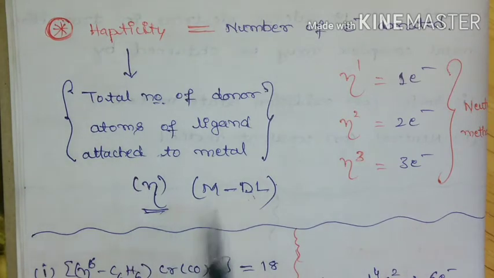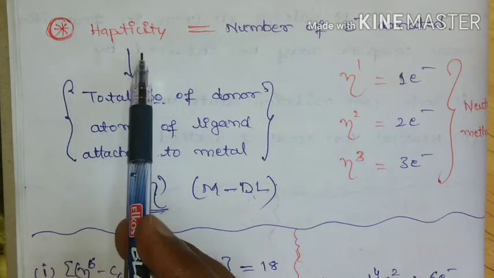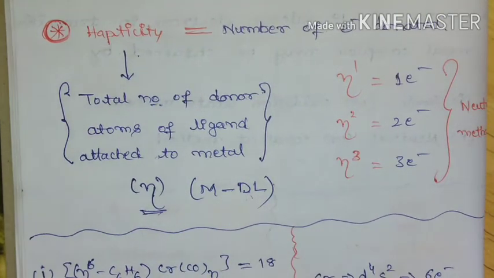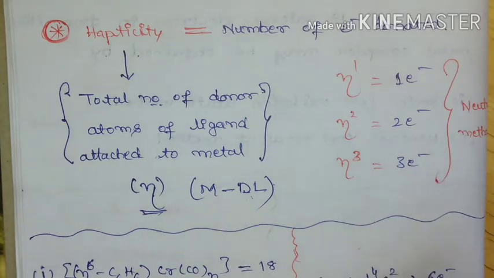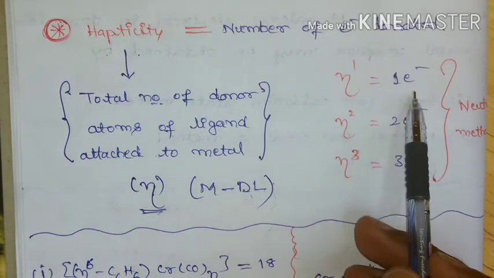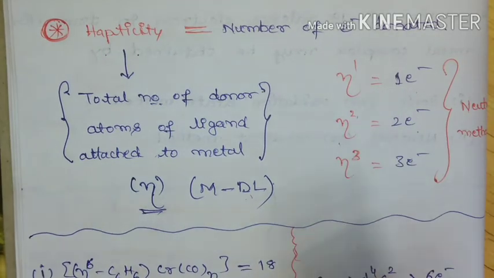If such types of ligands are present, then hapticity will be equal to the number of electrons donated. It is also applicable in the neutral method, that is eta 1 is equal to 1 electron, eta 2 is equal to 2 electrons, eta 3 is equal to 3 electrons.